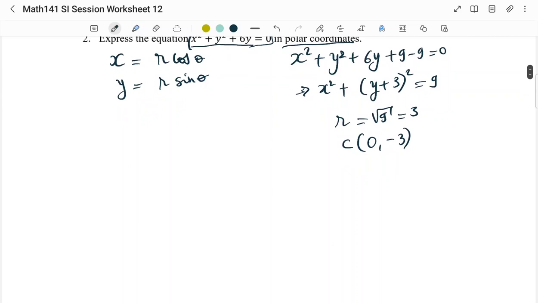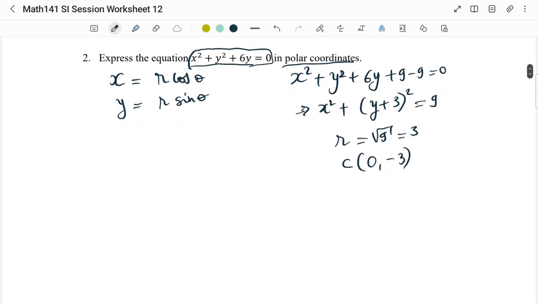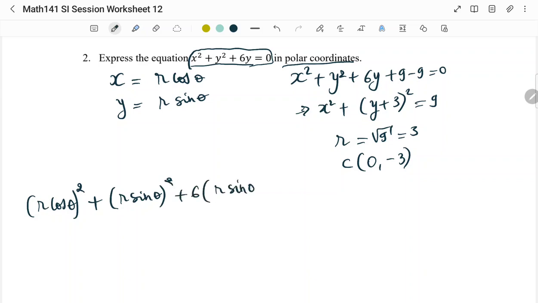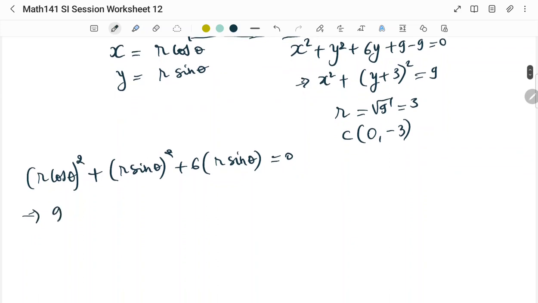Now let's substitute our expressions into the equation. We know x is equal to r cos theta, so that would be r cos theta squared, plus r sine theta squared plus 6 times r sine theta is equal to 0, which is equivalent to, r is 3, so 9 cos squared theta plus 9 sine squared theta plus 18 sine theta, which is equal to 0.